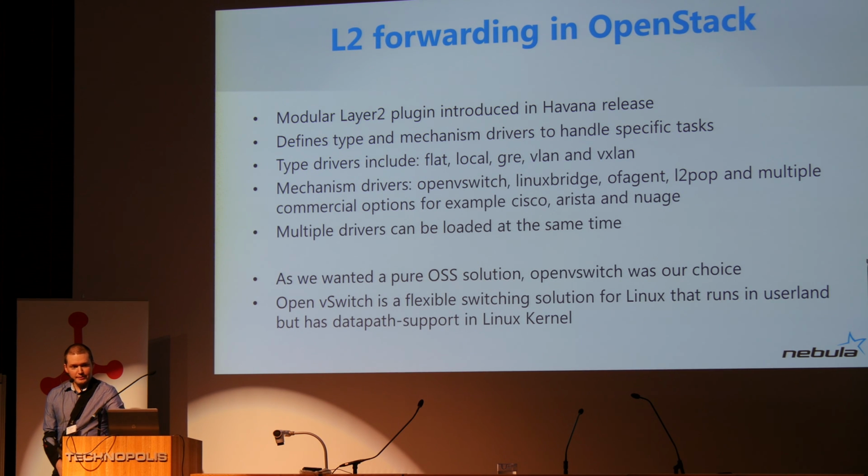So how this is achieved, I'd like to talk about L2 forwarding in OpenStack. Neutron has this Modular Layer 2 plugin that defines type and mechanism drivers. The type drivers handle the type specific stuff like segmentation IDs. And the mechanism drivers handle the port provisioning and stuff like that. There are many options available, both open source and commercial.